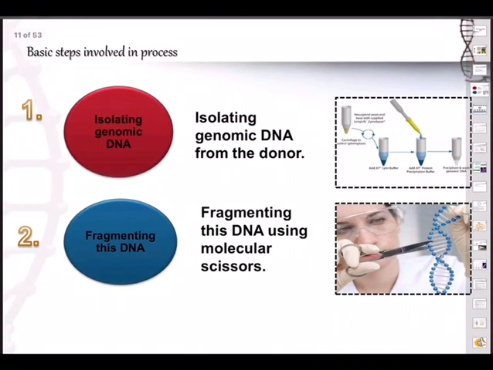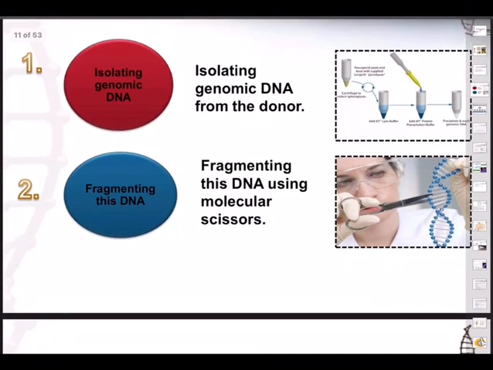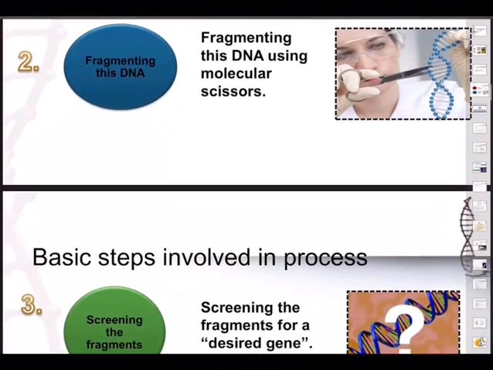First and foremost is isolating genomic DNA from the donor. That is step number 1. And then fragmenting this DNA using molecular scissors. Of course, don't think that we use the normal physical scissors. It is molecular scissors.